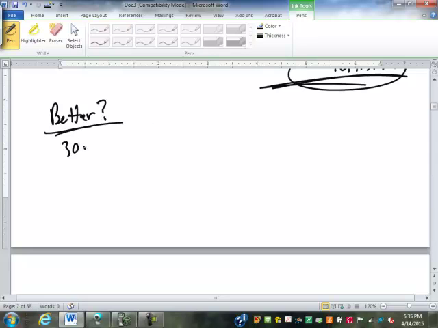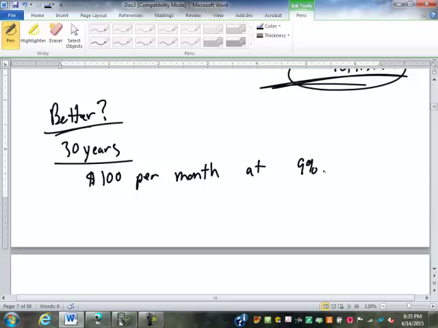Over 30 years, $100 per month at 9% interest, or $15,000 one-time payment at 7%.